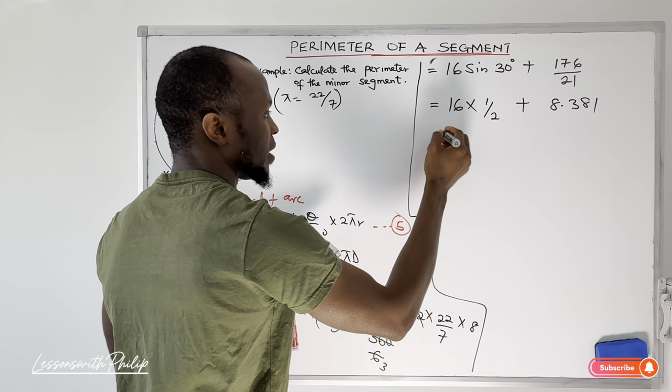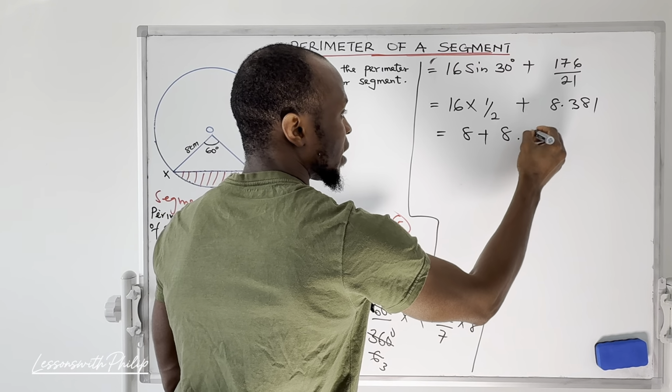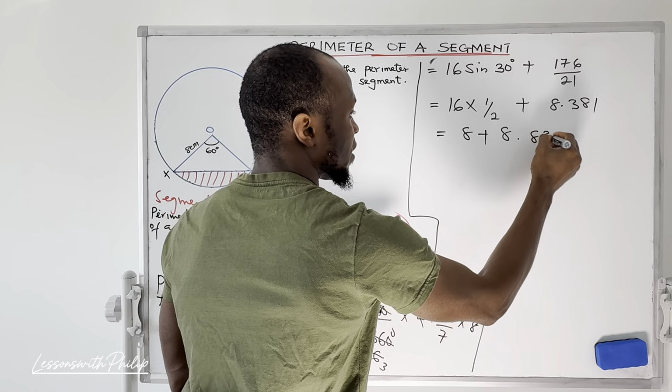So this is 8 plus 8.381, and that's equivalent to 16.381 centimeters. And that is the perimeter of the segment.